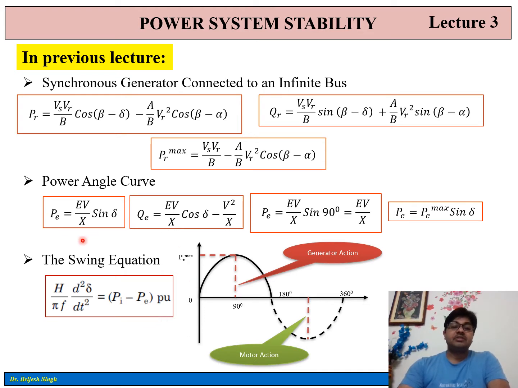On the basis of that swing equation we can easily understand the dynamical property of a synchronous generator, especially the dynamic behavior of the rotor during a disturbance, or if your steady state or transient state stability points are affected, or the operating point of any synchronous generator is affected because of the disturbances, then how we can understand the dynamics of a synchronous rotor. So these are the topics we have already covered in the previous lecture.